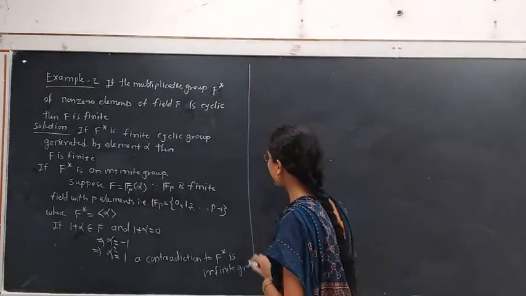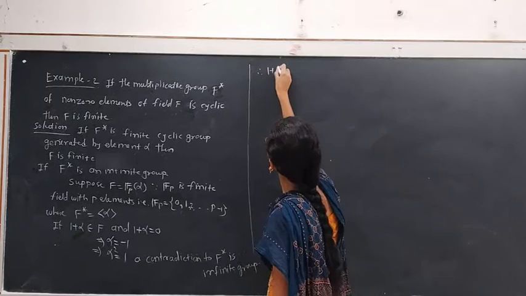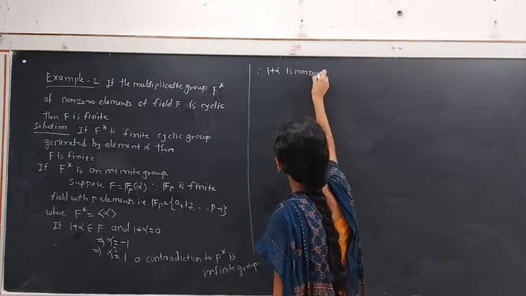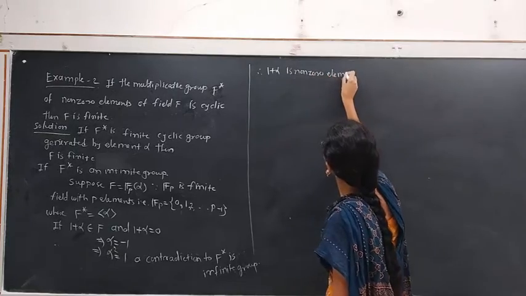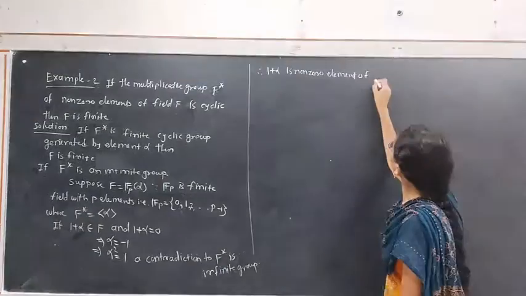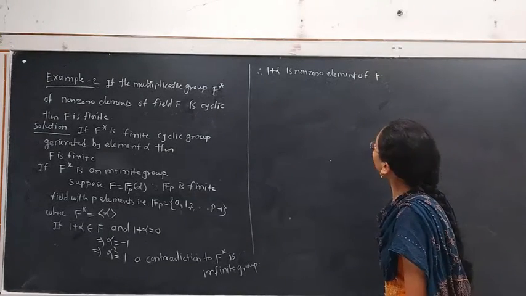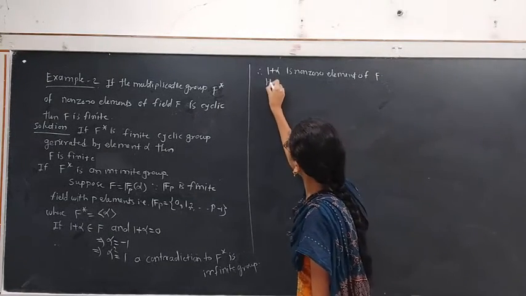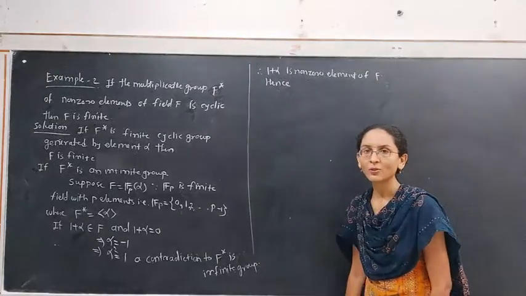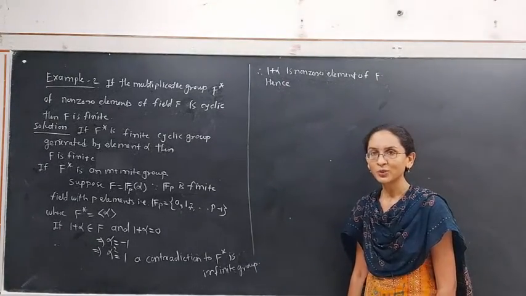Therefore, 1 plus alpha is not equal to 0. 1 plus alpha is a non-zero element of field F. Hence, as 1 plus alpha is a non-zero element of field F, it should be invertible.